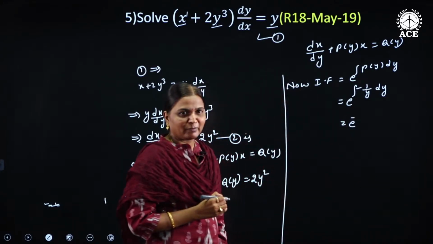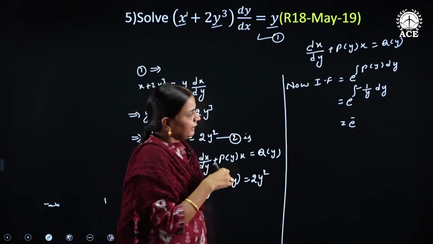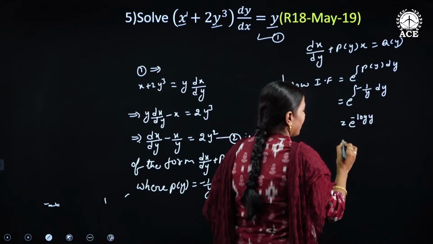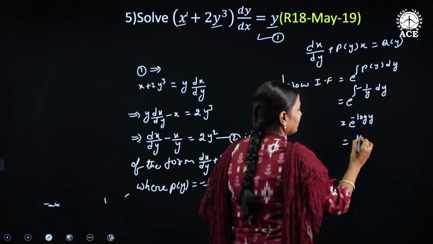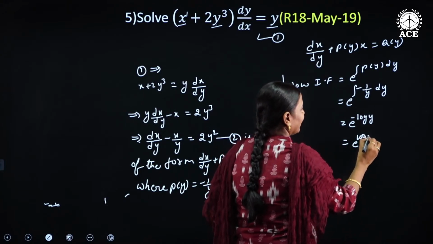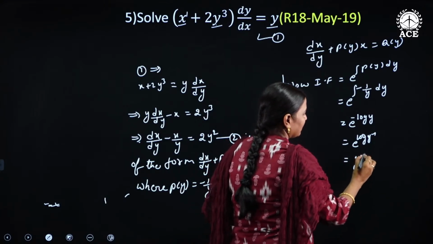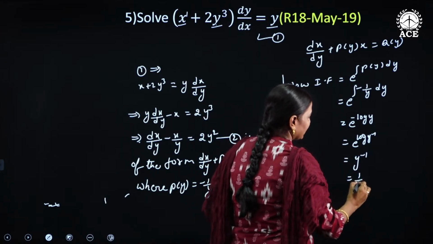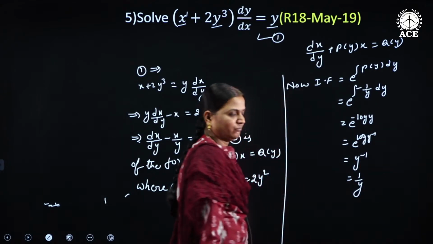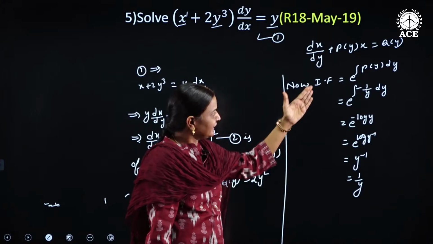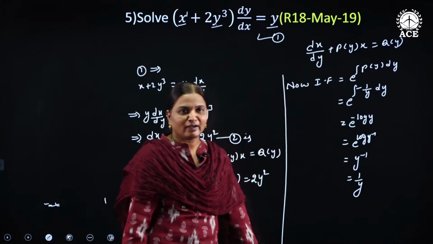The integration of 1 by y is log y. So this is e power log of y to the power minus 1, which is equal to y power minus 1, and y power minus 1 is 1 by y. This is how we find the integrating factor. So the integrating factor is equal to 1 by y.